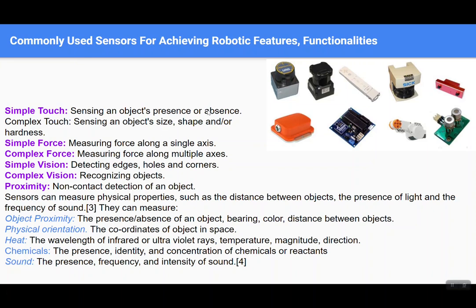So what we are trying to show you in this slide is what type of sensors and what type of components are required when it comes to building a quality robot for a particular application.